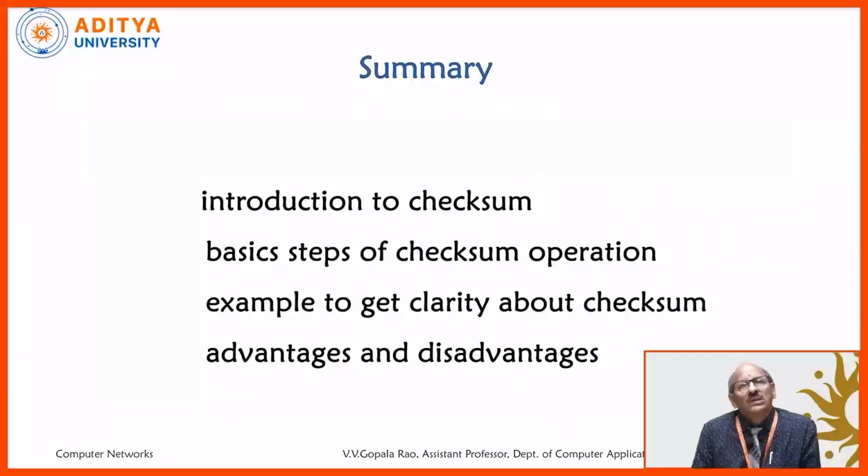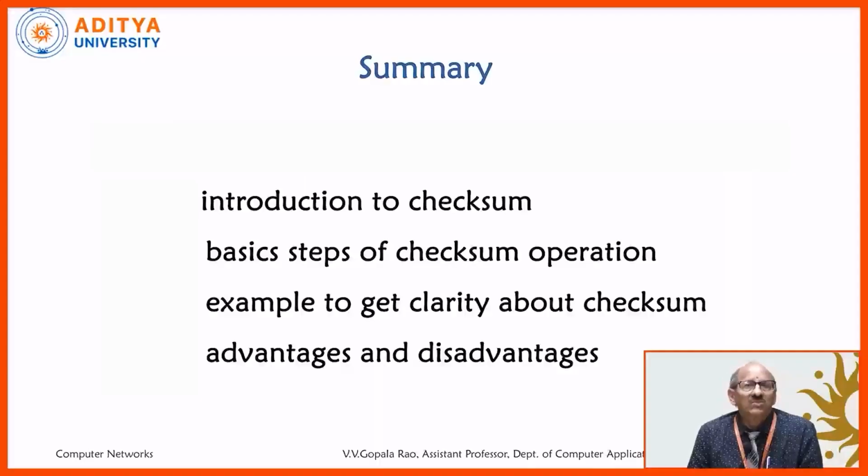I hope by this the student is able to understand what checksum actually is, what the process of checksum operation is, and how the example gives some clarity about taking the number of bits into consideration, how you add the data units to get the final checksum, and how the checksum finally decides to accept or reject the data.